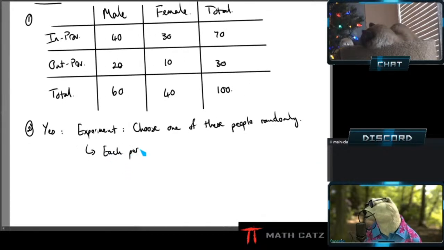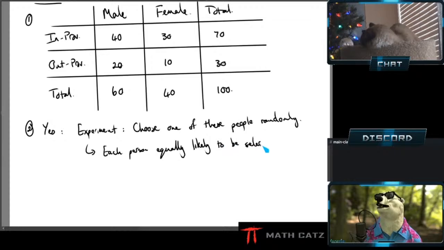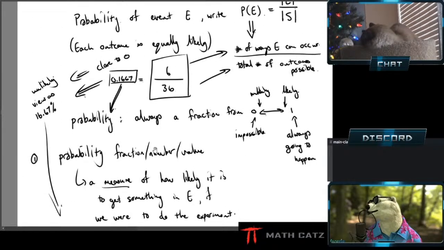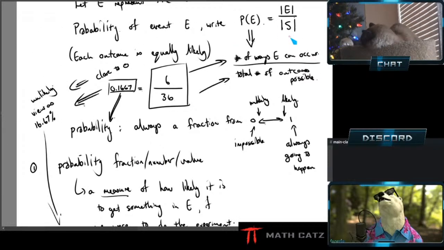Each person equally likely to be selected. And that's very important for my way of calculating a probability. I have to have everything equally likely.